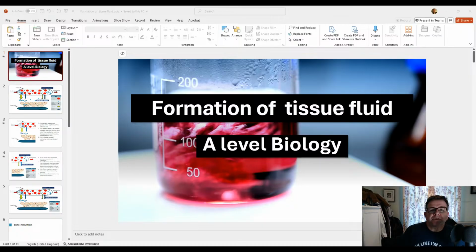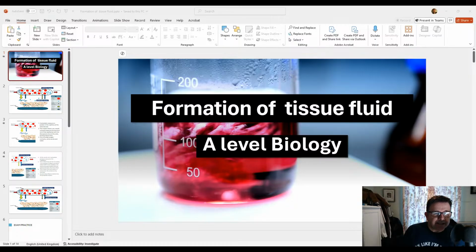So as you can see, in the capillary you've got the arterial end and you've got the venule end. And what's happening there is basically several different things. So let's split it up first of all. If we look at the yellow arrow, which is hydrostatic pressure, that's the amount of pressure, is greater in the capillary at the arteriole end.